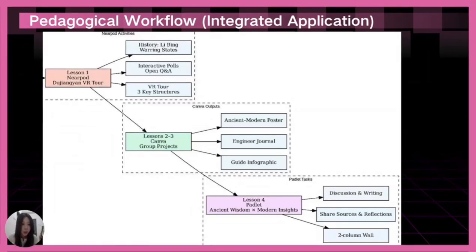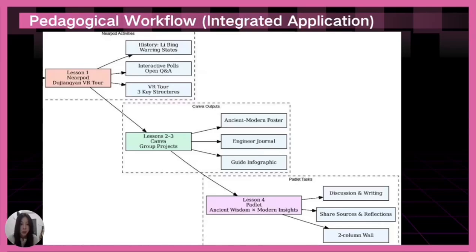During lesson 1, I will use the Nearpod Dujiangyan VR tool. We will learn about history, using interactive polls and open Q&A, and the VR tool on key structures. During lessons 2 to 3, I will use the Canva group project.